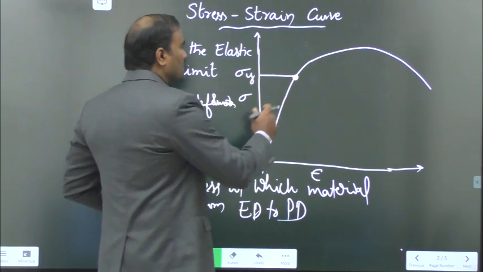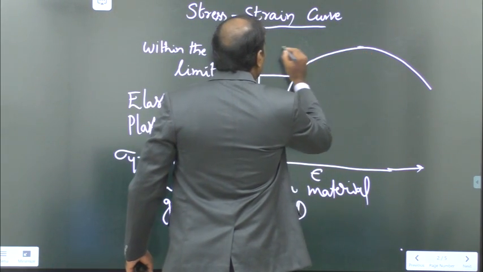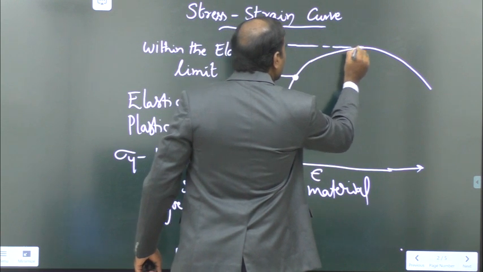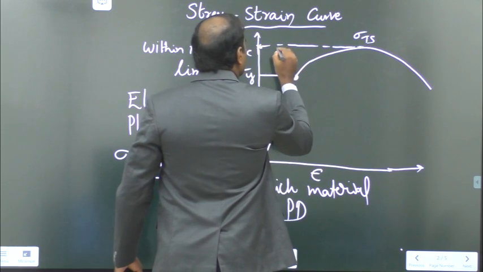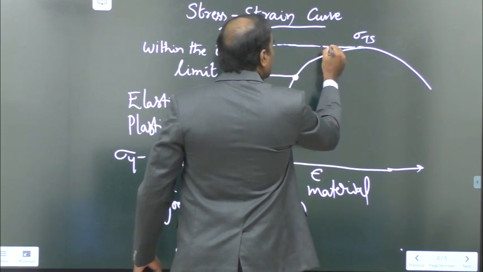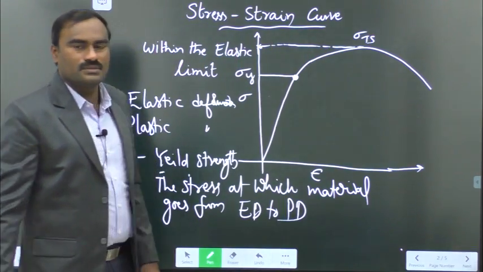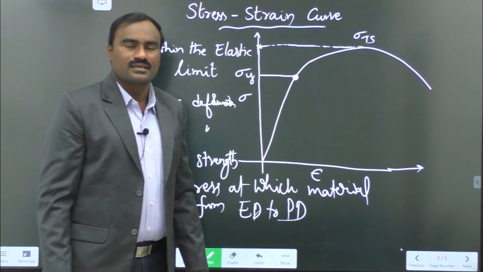If you see here, this is the maximum stress, sigma Ts. This is the maximum stress value that a material can withstand.